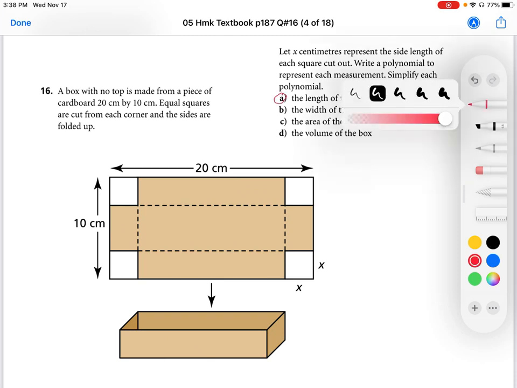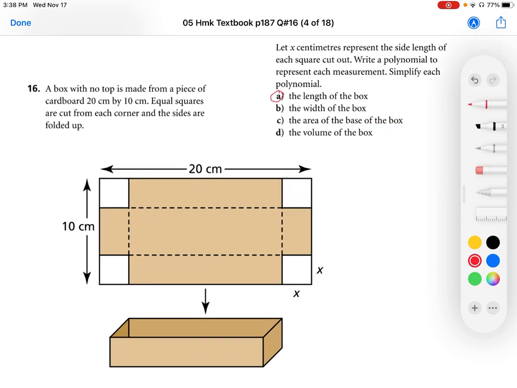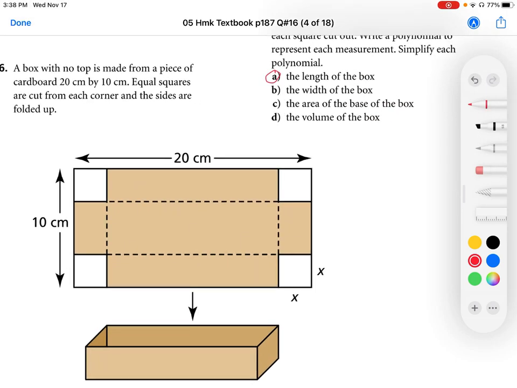And that length is going to be based on taking the original 20 centimeters, and I'm going to go backwards x from the edge, and I'm going to start at this edge and go backwards the same amount x. So what's left over in the middle is going to be 20 minus 2x.